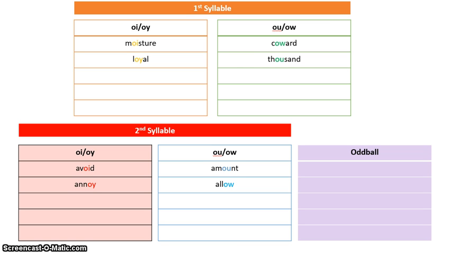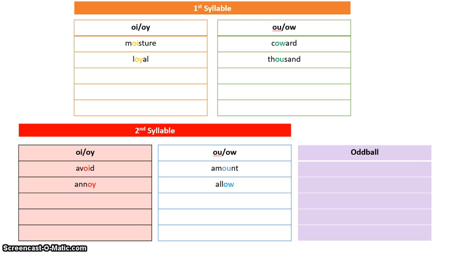All right. So you have all your words in front of you. I'm going to go through one chart at a time. The very first thing I want you to do is try to find the other 3 words that are going to go in that first chart of O-I, O-Y, making the oi sound, but be very careful. We're only looking for the oi sound in the first syllable. You're going to find oi in other words, but they're going to be in the second syllable. That doesn't go there.